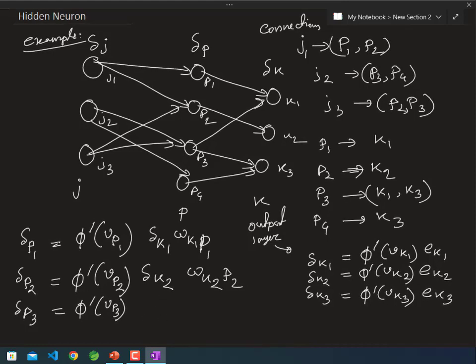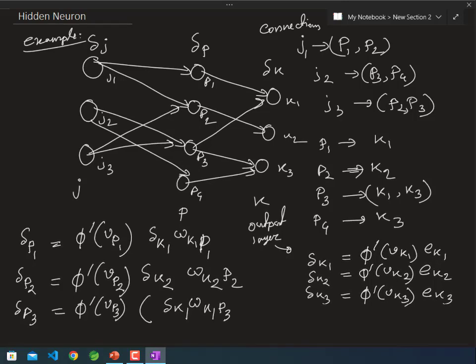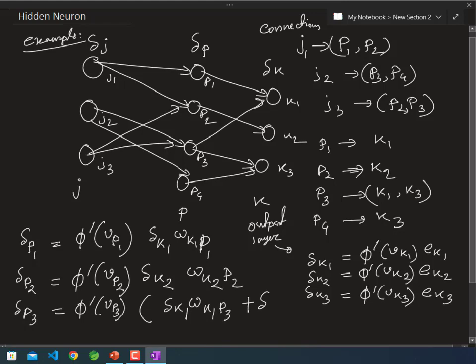So we can add it in a different way: delta K1 W of K1 P3 plus delta K3 W of K3 P3. So this is the equation of delta of P3.